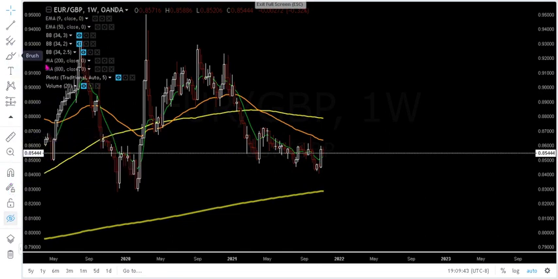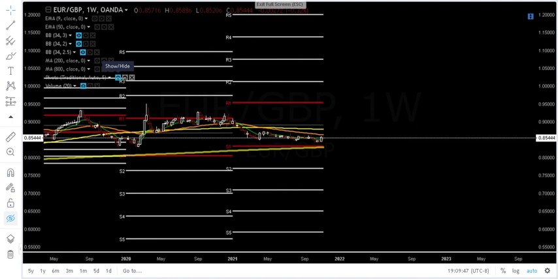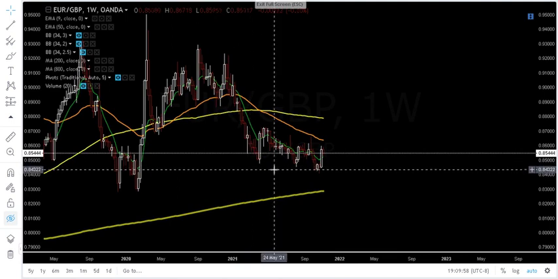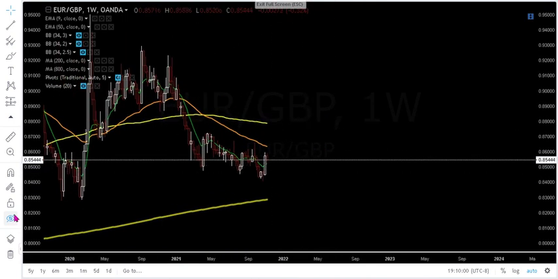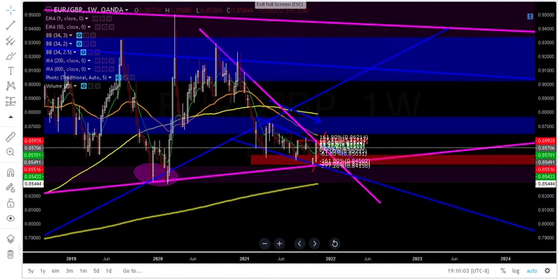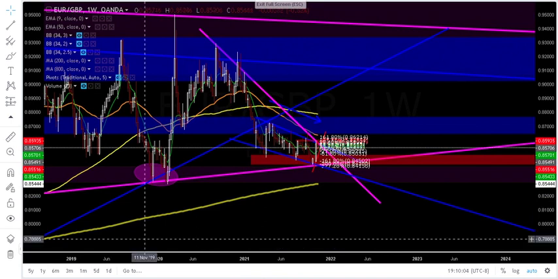Let me look at some pivot points just to see what's going on. Maybe it's too early to do that. I've got to do this on lower time frames. Let me look at my trading plan again.